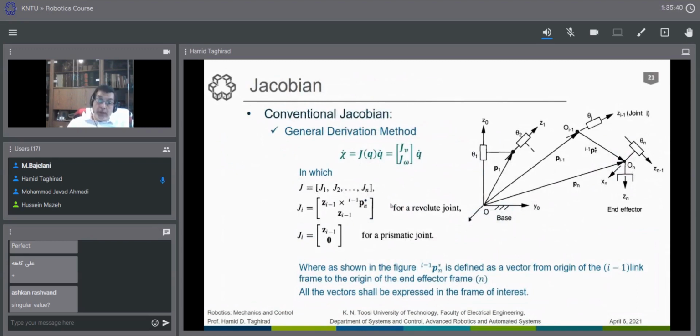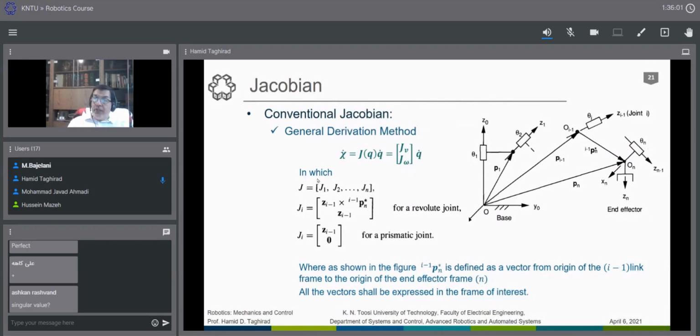The number of joints or actuators are usually the same. We add a joint to actuate it, otherwise it doesn't really matter in a serial manipulator. In a parallel manipulator it is totally different, but here if you add a joint, you add an actuator.